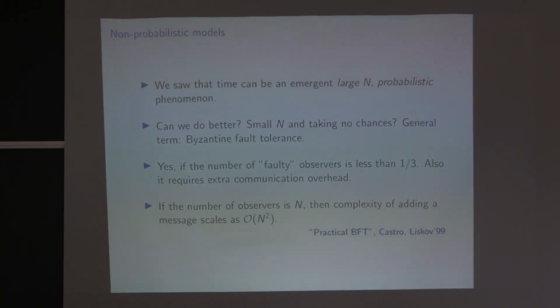In general, this problem is known as the problem of Byzantine generals. And the answer is, in fact, yes, you can do that, but with bigger restrictions. First of all, in the previous slide, I mentioned that no one should control more than 50% of the computational resources. In the case of this Byzantine fault tolerance, it's no more than 1/3.